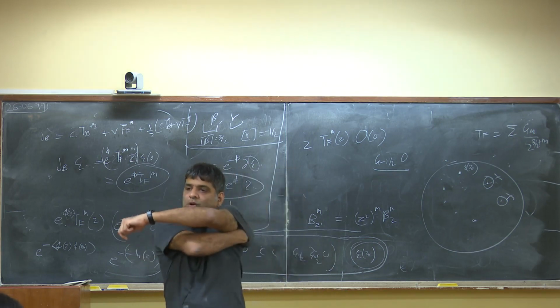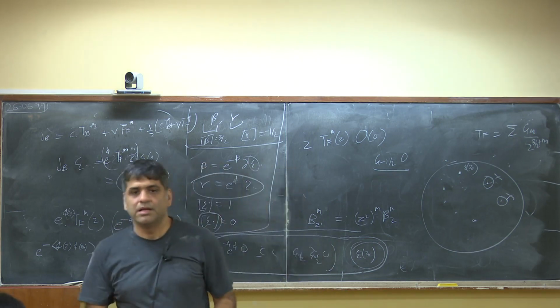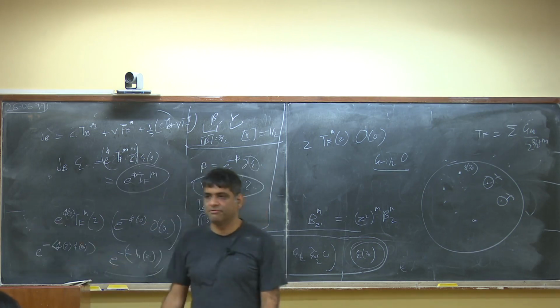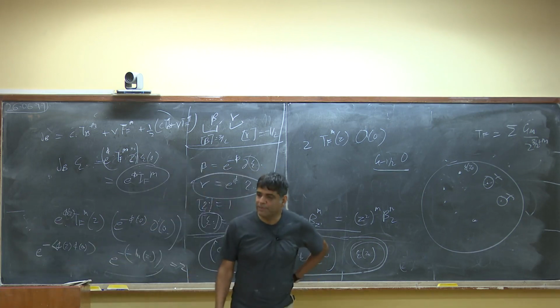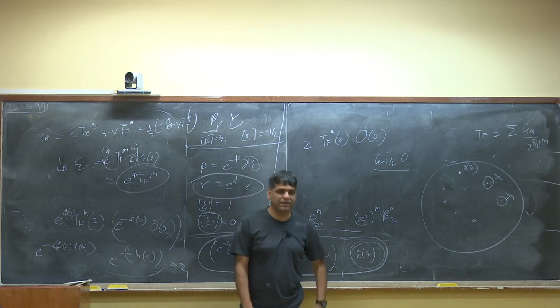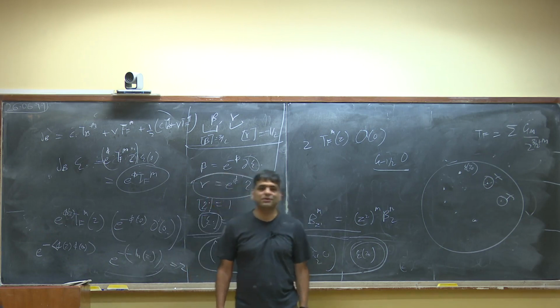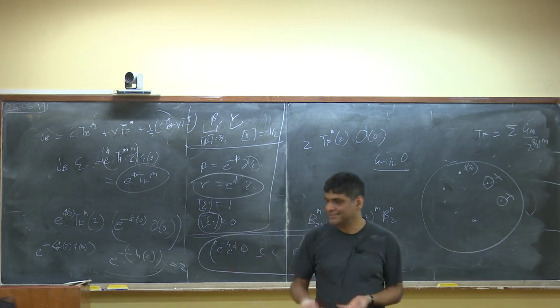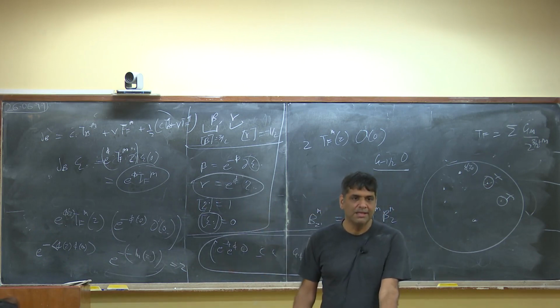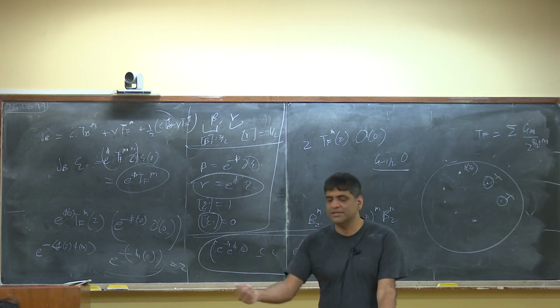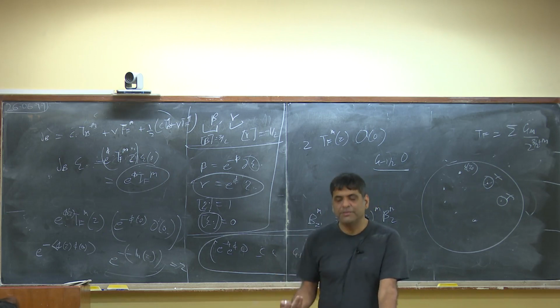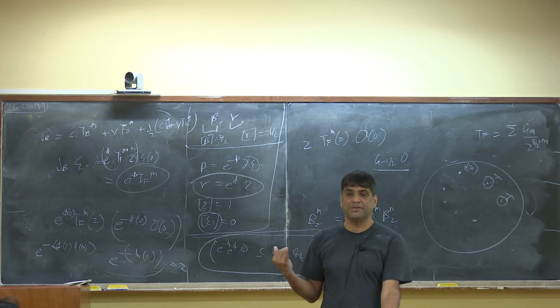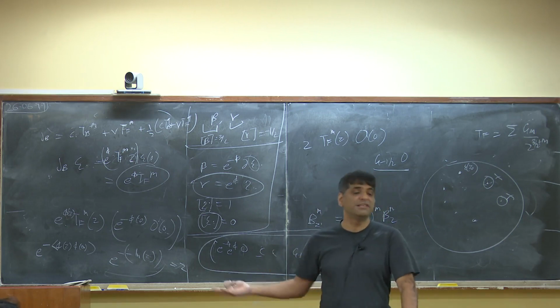So now in the rest of this course, what we will do is to take this formalism we have developed and try to use it to actually understand some physics in string theory. The first thing I plan to do is to calculate a bunch of tree level string scattering amplitudes.